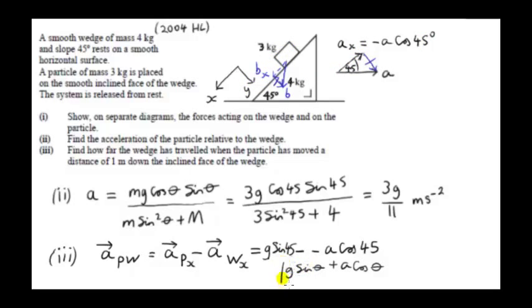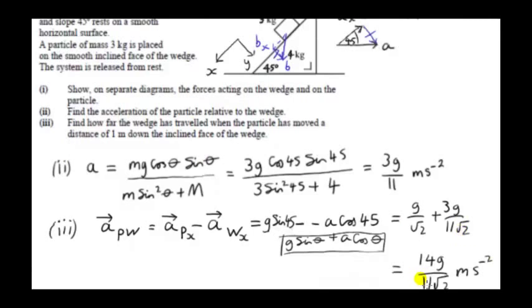So in general, we just use this formula here, g sine theta plus a cos theta. So we have to multiply a, which is 3g over 11, times cos 45, which is 1 over root 2. Okay, with a common denominator of 11 root 2, the acceleration of the particle relative to the wedge is 14g over 11 root 2 meters per second squared.